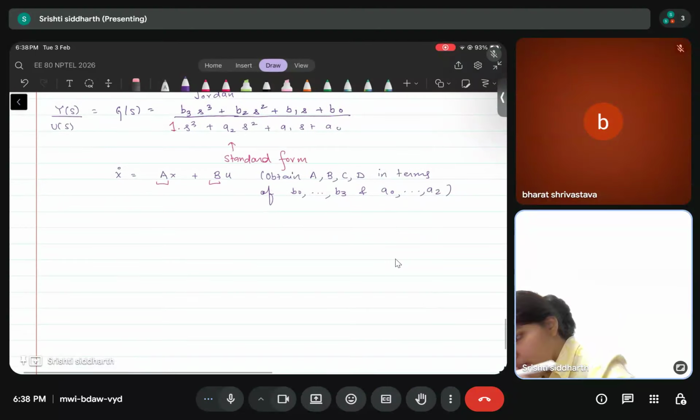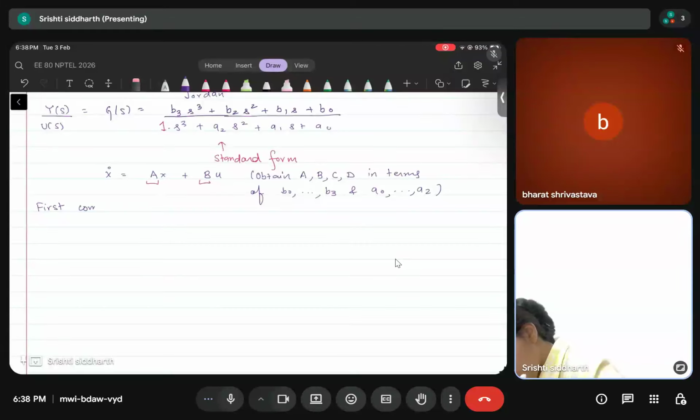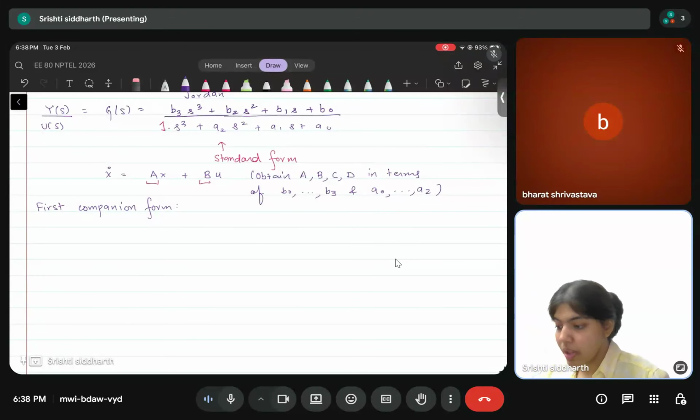Right. So for the first companion form, first ensure that the transfer function is in the standard form. If it is not, then convert it. For example, if there's a number here, you need to divide the numerator by this number so that we have s cubed in the denominator.